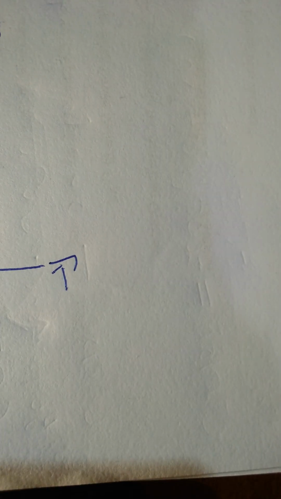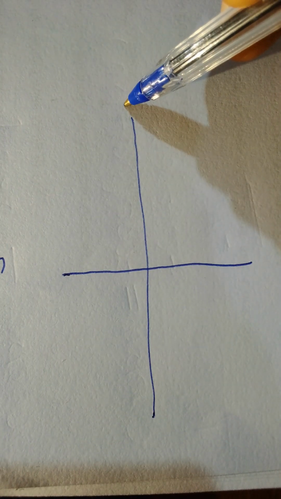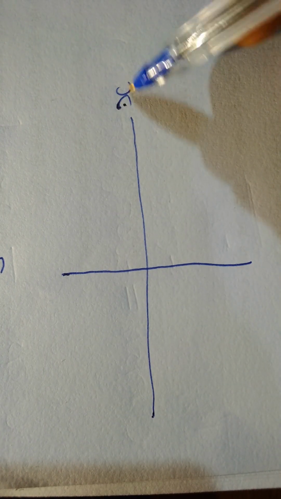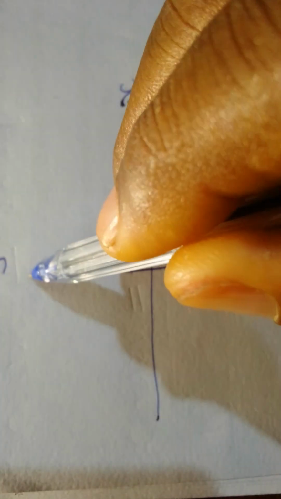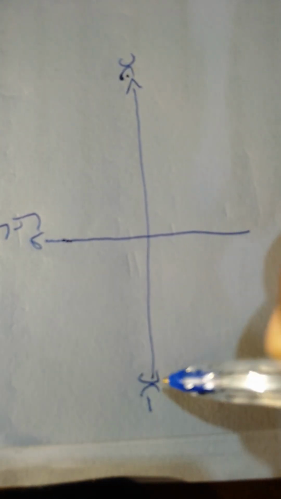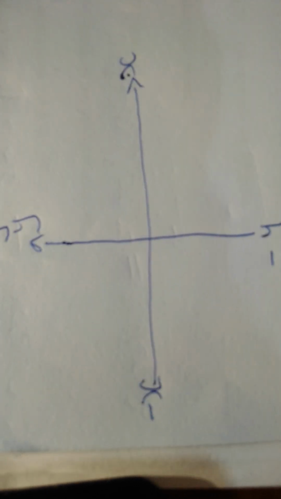Let's go for the third quadrant. In the third quadrant, how do we obtain the reference angle? Here is our positive x-axis. This is our positive y-axis, negative x-axis, and negative y-axis.